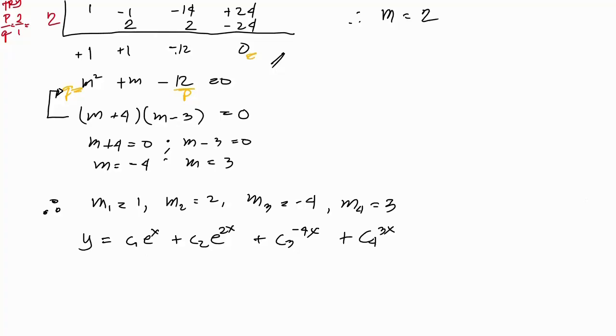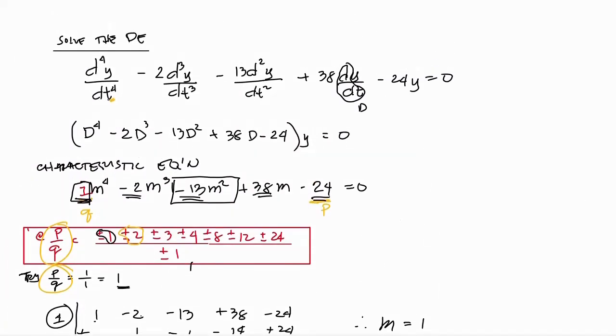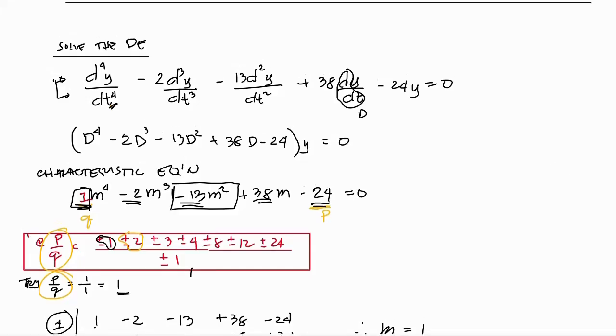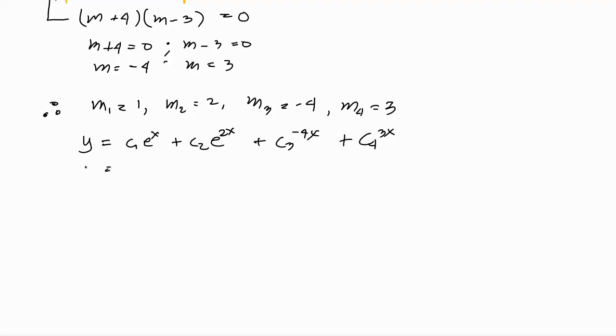Oh, by the way, before I forget, since our given variables are in terms of y and t, let's use t instead of x. Okay, let me correct this part. So we have c1 e to the t plus c2 e to the 2t plus c3 e to the negative 4t plus c4 e to the 3t.